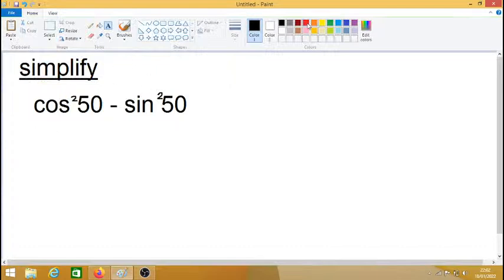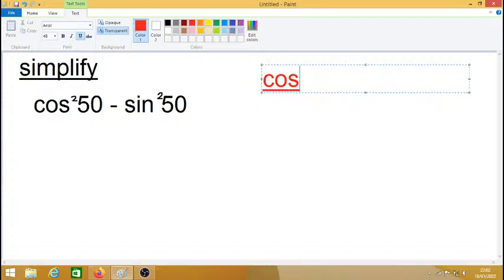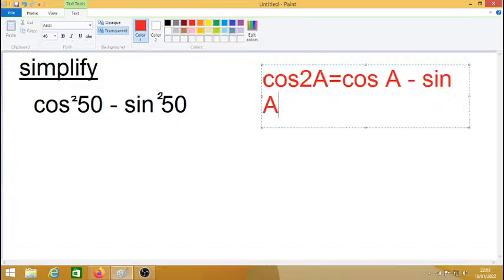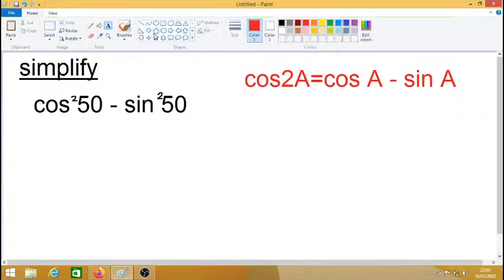The one that comes to mind should be the double angle formula for cos 2a. There's three variations of this, but the one that's going to help us with this question is cos 2a is equal to cos squared a minus sine squared a.